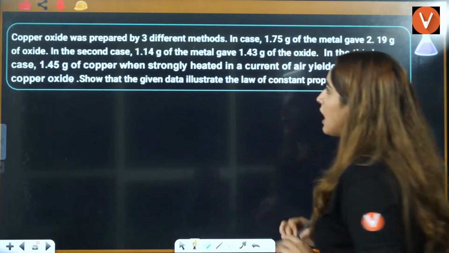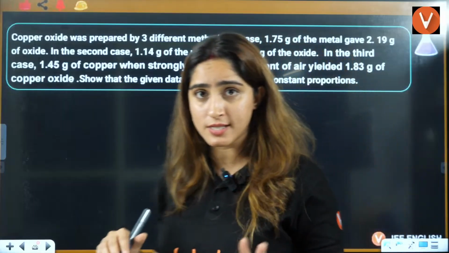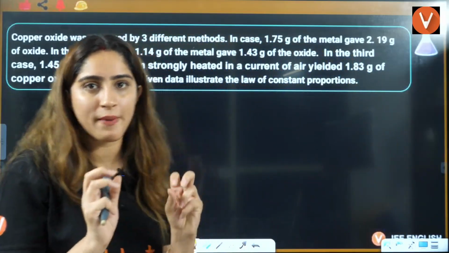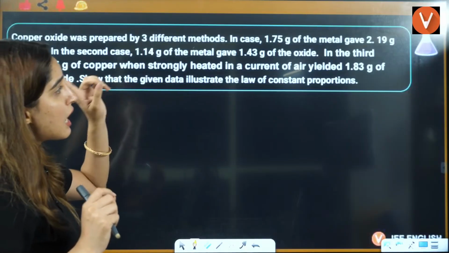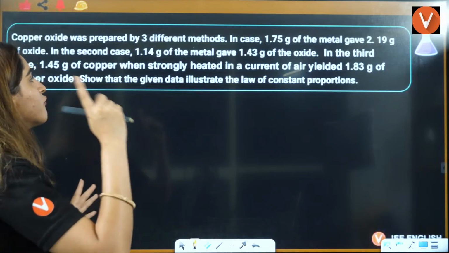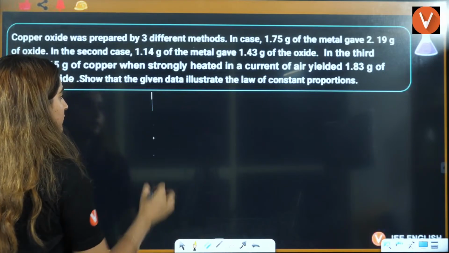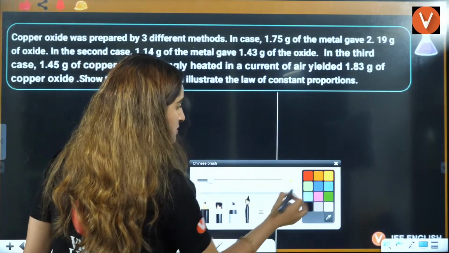The question is, copper oxide was prepared by three different methods. Three cases are given to us.